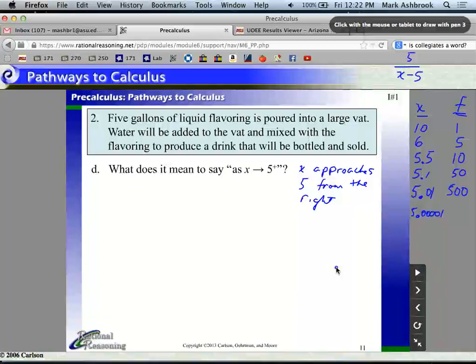What does the 500 mean, and why does it make sense that it's 500 when the input is 5.01 in the context of water and flavoring and ratios?